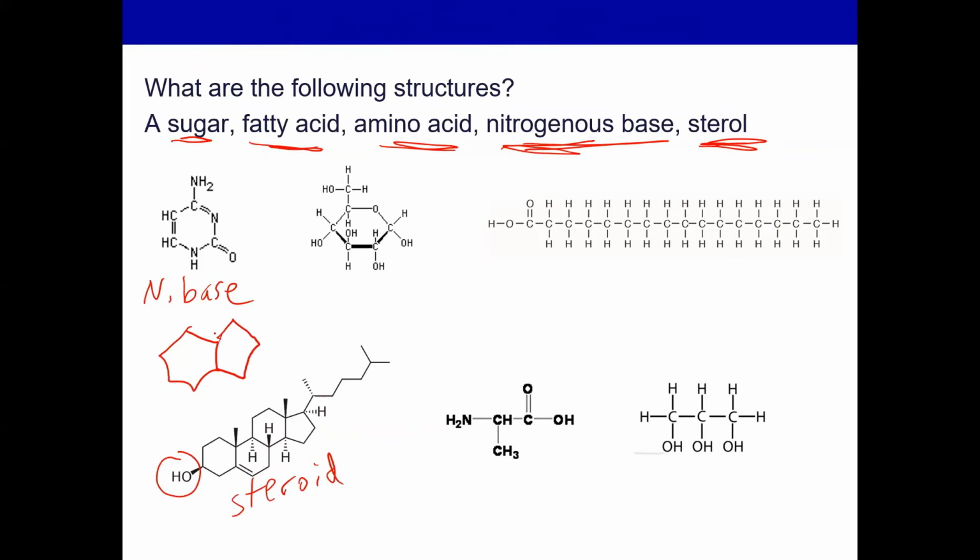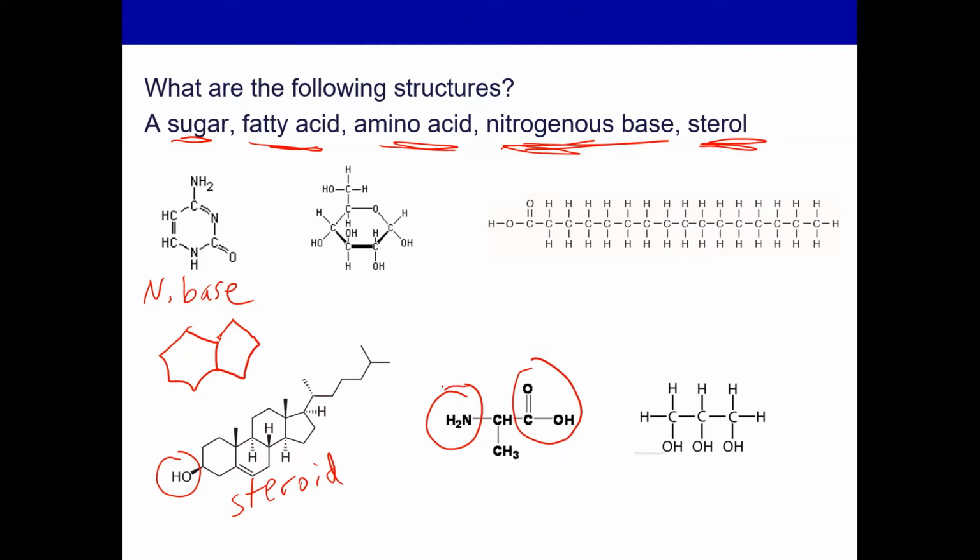All right, amino acid, okay. Actually, sorry, I was wrong. There is something else with a nitrogen in it. I just didn't see it. But it's not a nitrogenous base because it's not a ring structure. So that probably makes it my amino acid. And I know that's an amino acid because I can see these functional groups here. I can see the acid group here and the amino group.